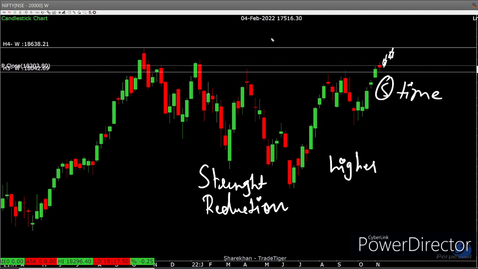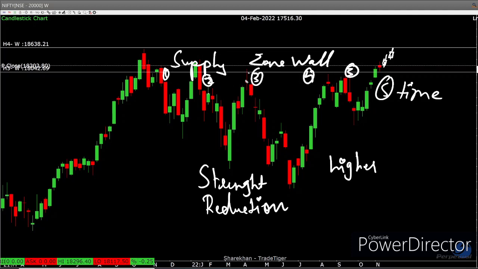because if a wall is being hit a lot, eventually it's going to break. So you can look at this particular supply zone as a wall, supply zone wall, which is being hit once, twice, thrice, four times, fifth time.